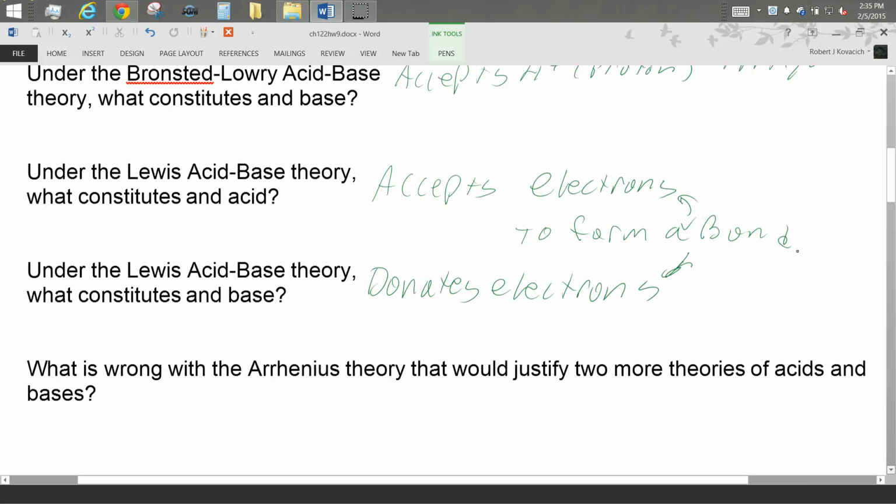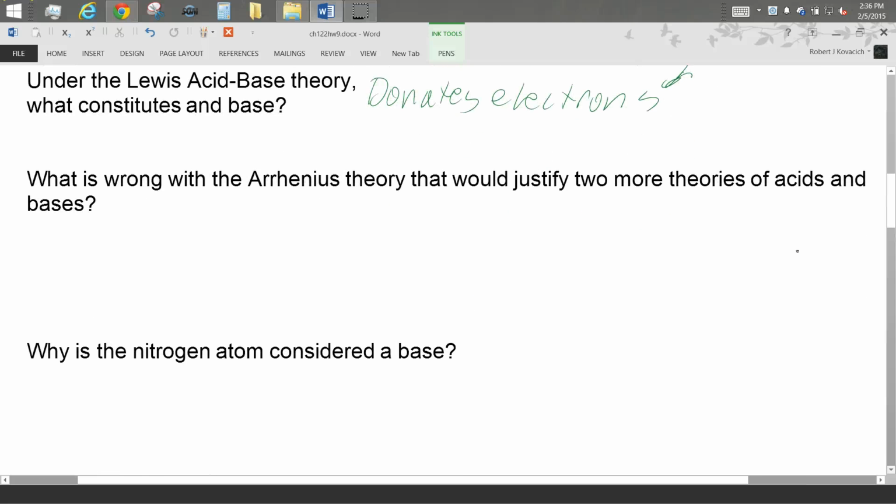So what was wrong with the Arrhenius theory that we needed these two other definitions? Water. You don't need water. And what else?